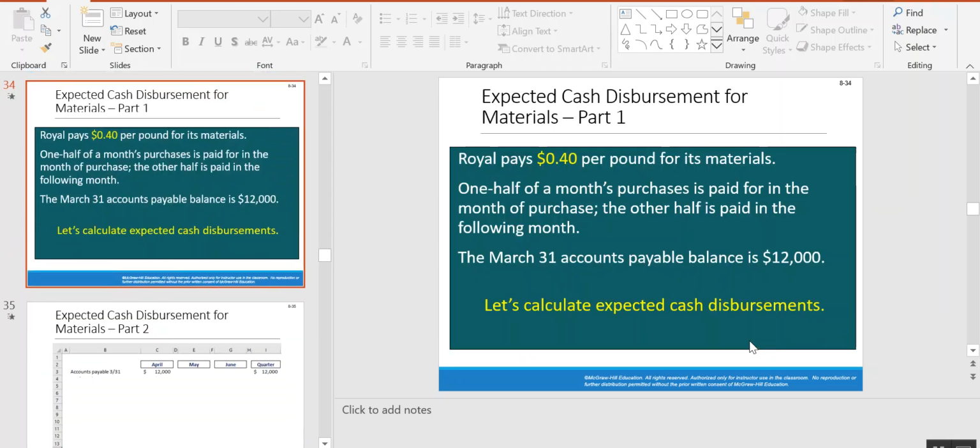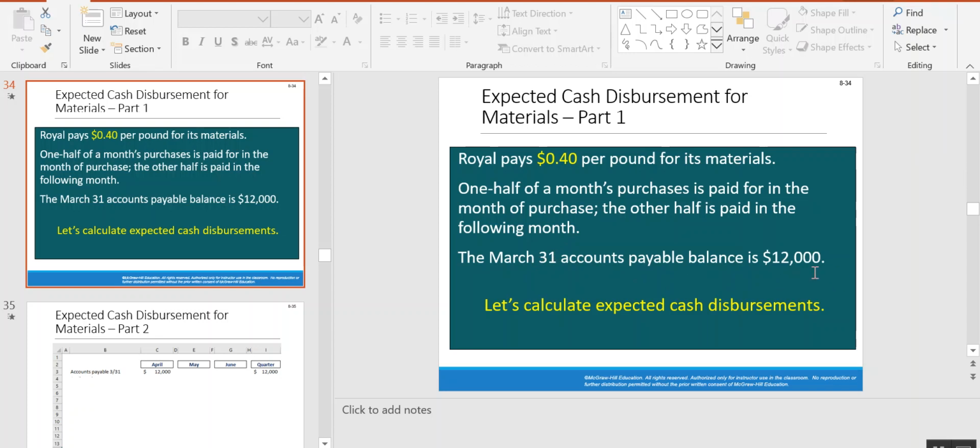When we want to calculate what our expected cash disbursements are, which is a schedule of cash disbursements, much like the schedule of cash receipts, we'll go to this calculation where we look at our 40 cents per pound for materials and the assumption that one half of a month's purchases is paid for in the month of purchase and the other half is paid in the following month.